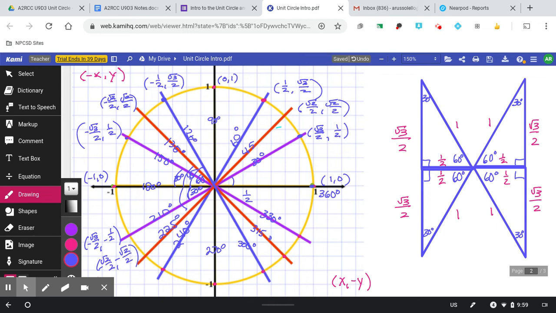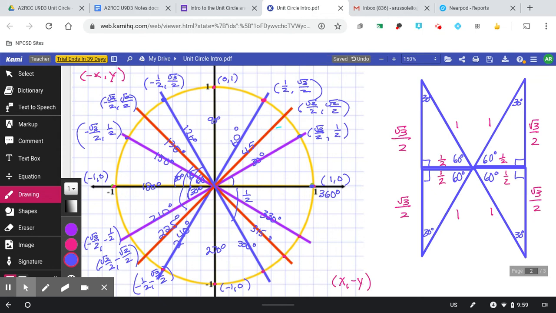And then this is going to be negative 1/2, negative radical 3 over 2. And this is going to be the coordinate negative 1, 0.